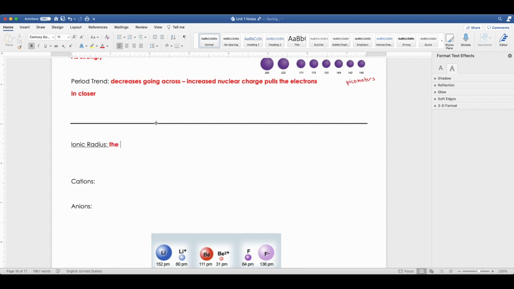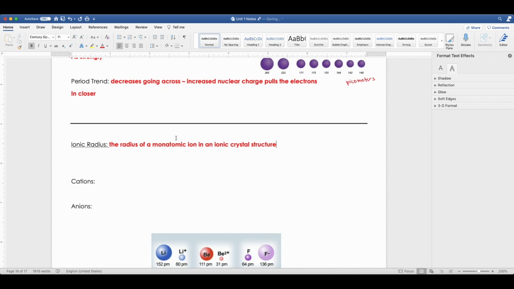So it is the radius of a monatomic ion in an ionic crystal structure. So it's basically half the distance of a singular ion when it's in a crystal structure.